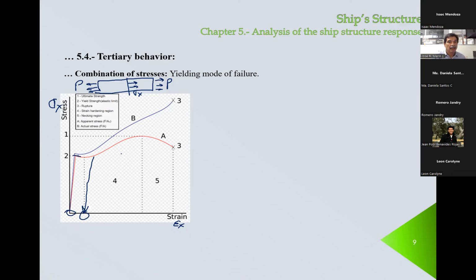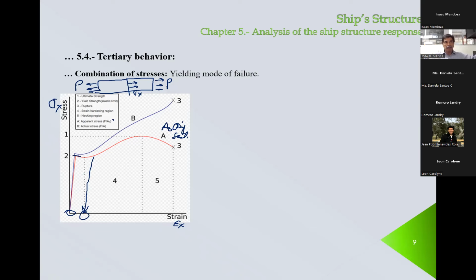In this case, you have two curves, red and blue. The red one is the classical one. We call it engineering stress, and we use the original area, A sub 0, the original section, to calculate the stress. So you divide P by A sub 0 and you obtain the red curve, right?